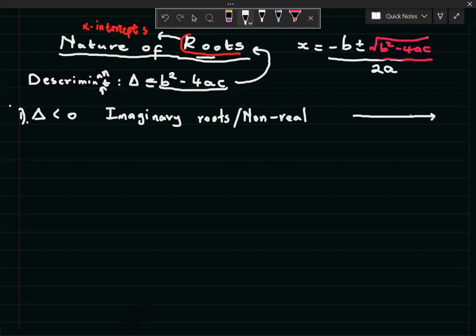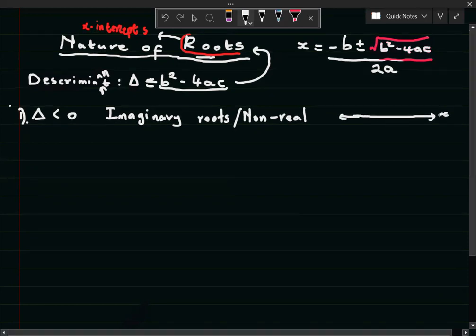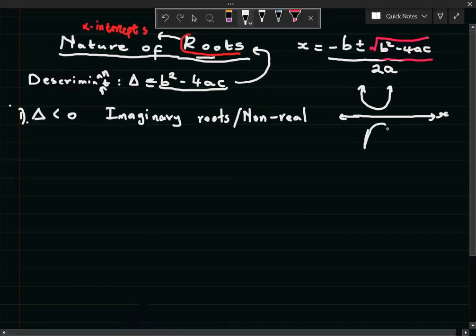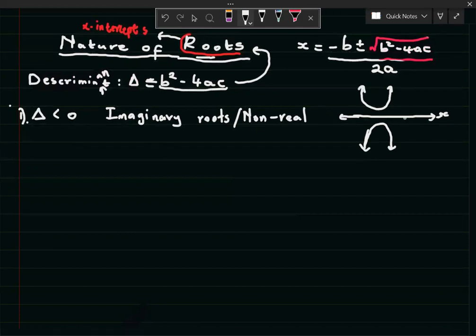If this is your x-axis, your parabola is either going to be doing this or doing that. It's not going to be touching the x-axis. That's what we mean by imaginary roots: the x-intercepts do not exist.